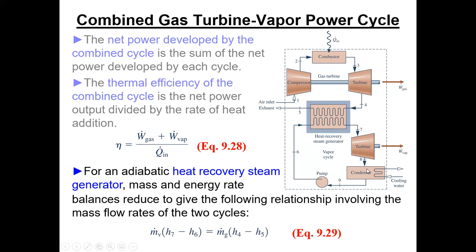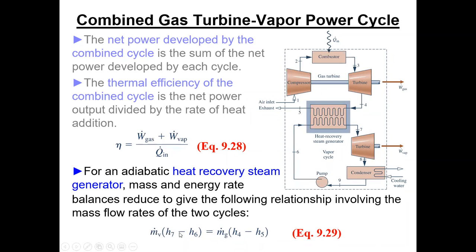For an adiabatic heat recovery steam generator, mass and energy rate balances reduce to give the following mass flow rates for the cycle. So this is where they've done the heat balance around the HRSG. And so this is the 7 to 8, that's the vapor power cycle. So that's the water flow. M dot V is water.